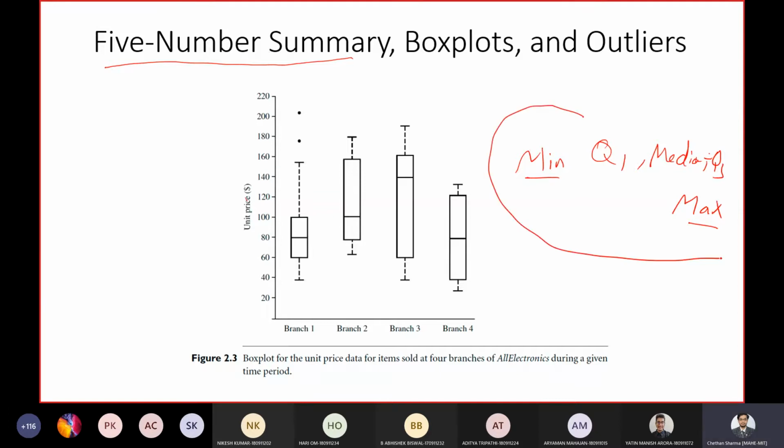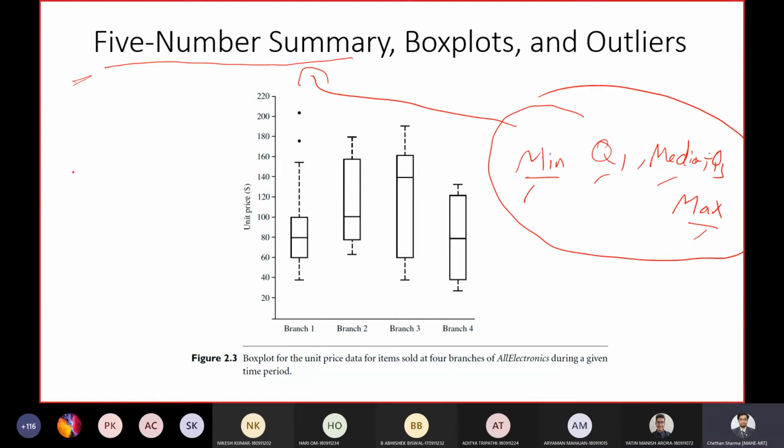So these 5 altogether, that is minimum, maximum, Q1, median and Q3, constitute the 5-number summary.